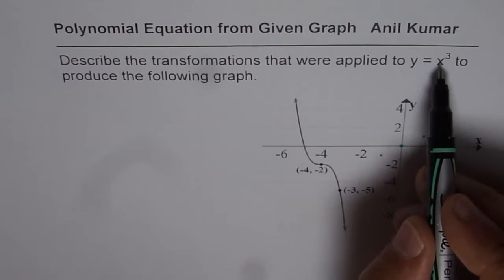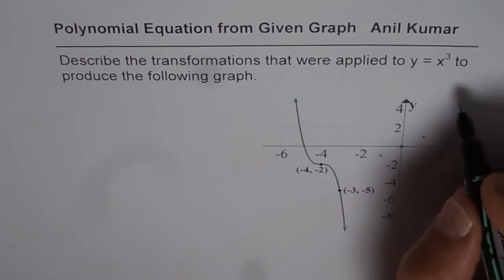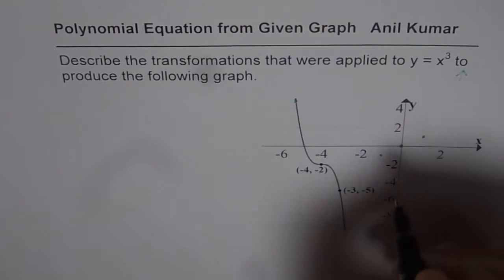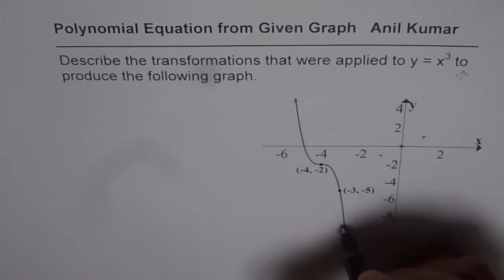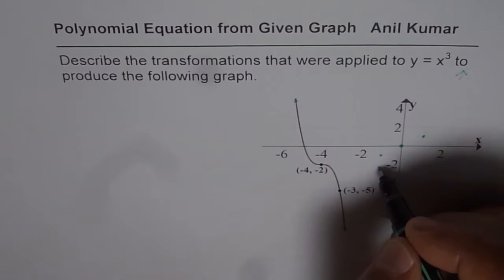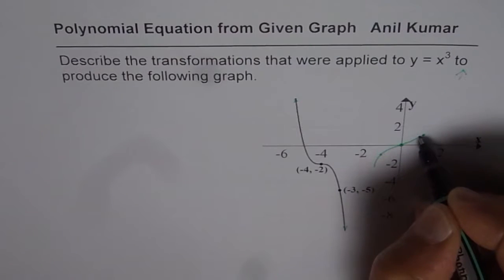Also, if x is a very large positive value, then y will be a very large positive value. That means the end behavior is kind of like this. When x is a very large negative value, y will be a very large negative value, coming down somewhere, right? So basically you'll find that the graph is like this.